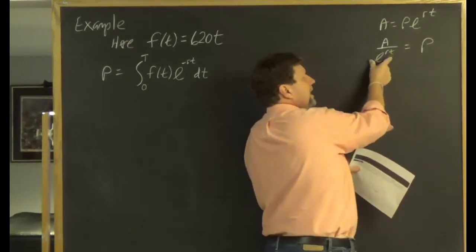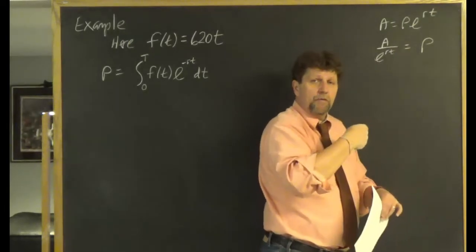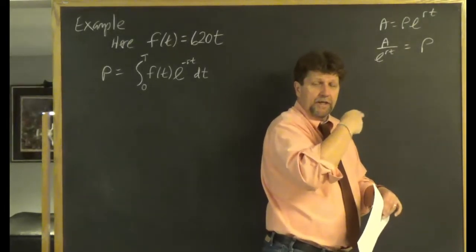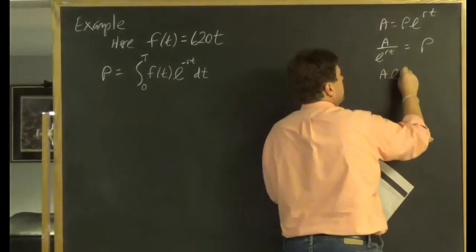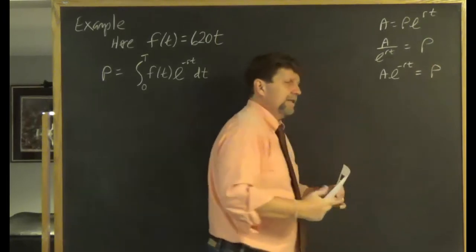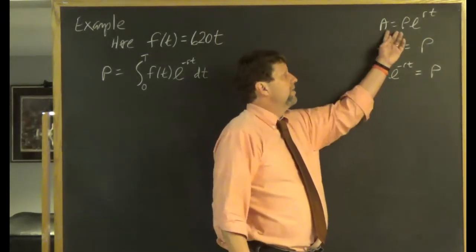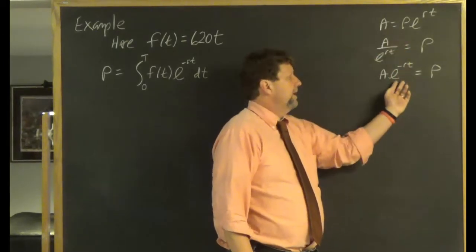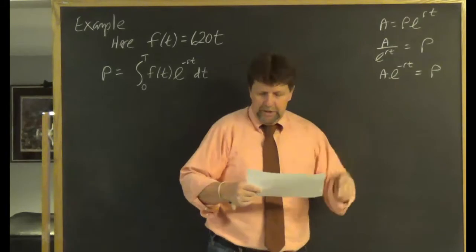But if I wanted to take what's in the denominator and move it up to the numerator, remember that rule of exponents, I could insert a negative into the exponent. So that gives me this. In that discussion on the previous slide, I said if you took this and solved it for P, that's where this formula came from. Well, I just wanted to show that real quick.